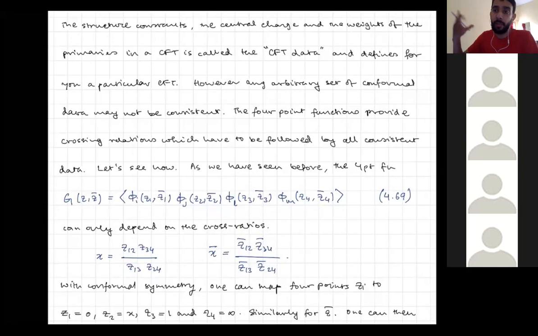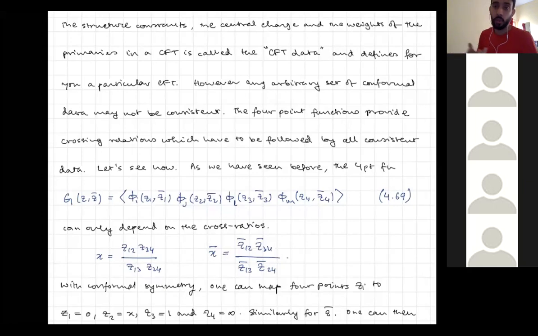Now I can give you some arbitrary sets of data, right? All of them might not mesh together. If I give you some random swaths of numbers, that may not be a CFT.